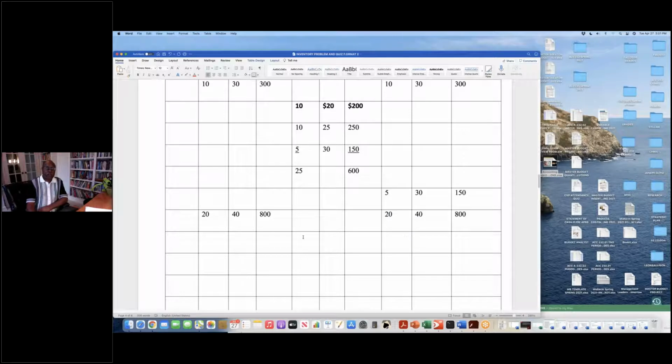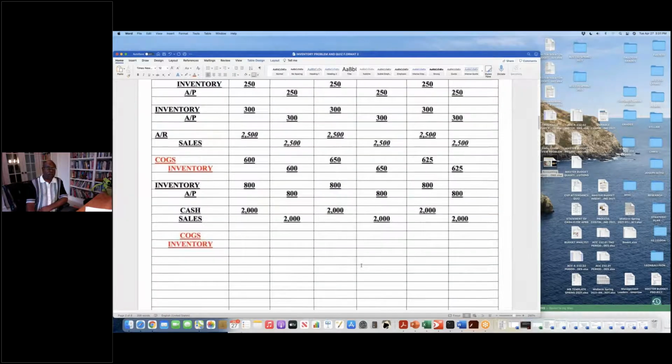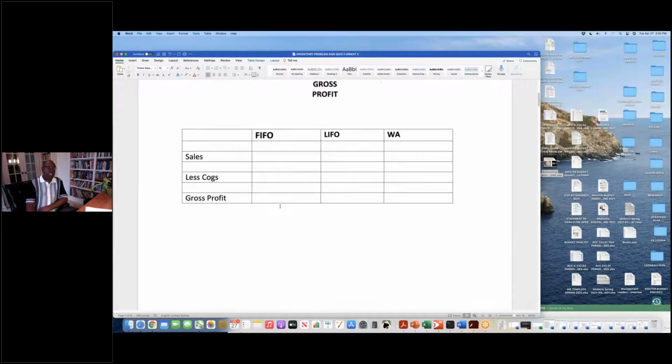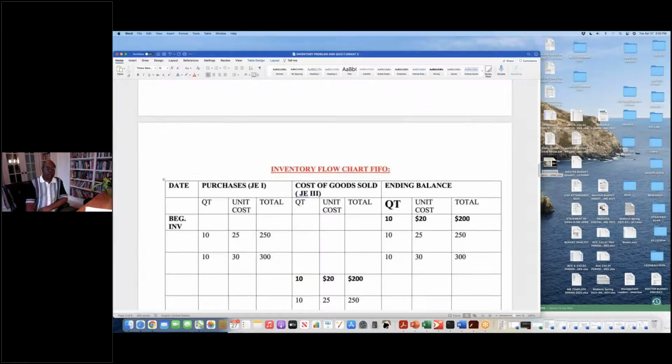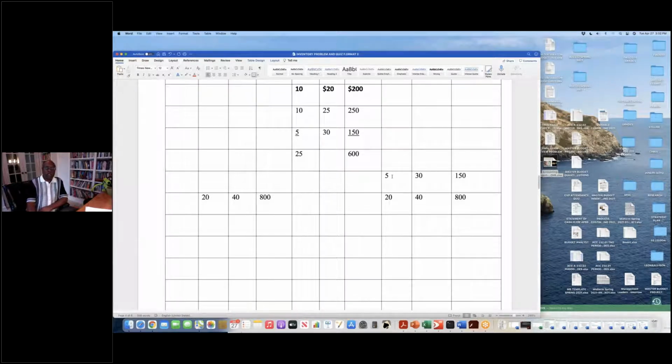And we sell how many? We're only selling 20. So what's going to be the cost of the 20 on the FIFO? We're first of all going to sell the old 5.